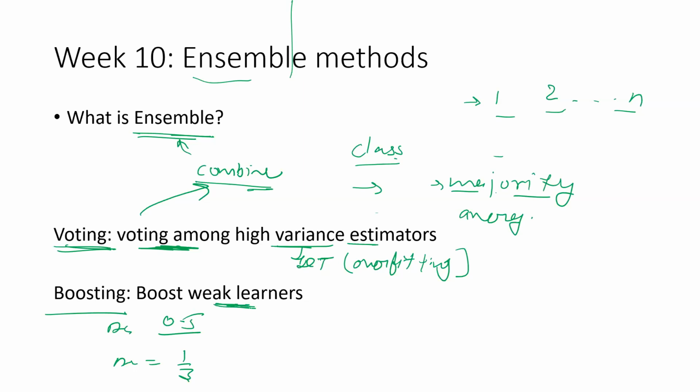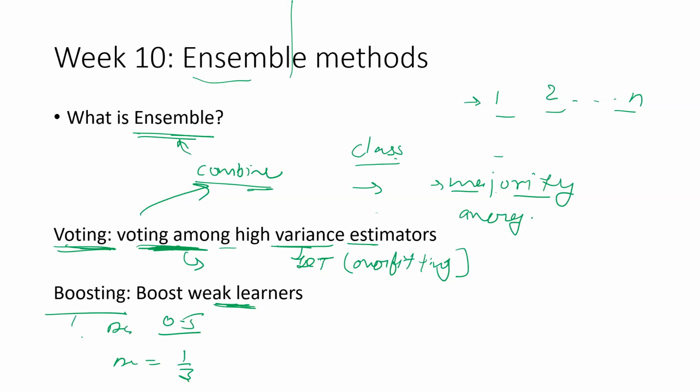Boost means you try to rectify the error that a weak learner is making, and you sequentially keep on doing this. So you boost your estimator. Remember, in voting, every estimator can be learned in parallel.